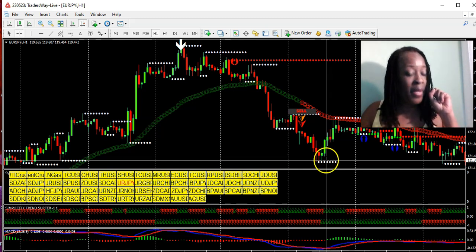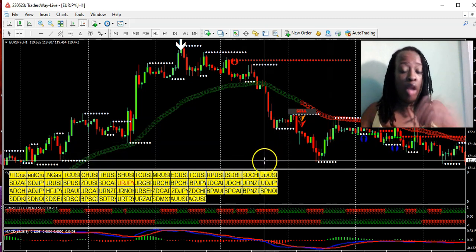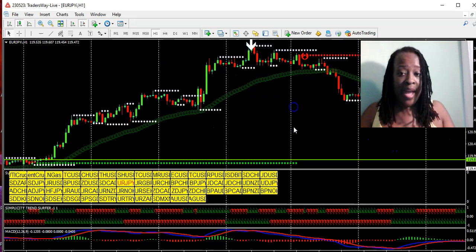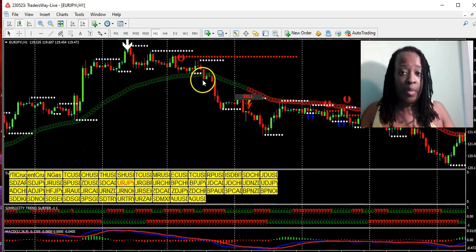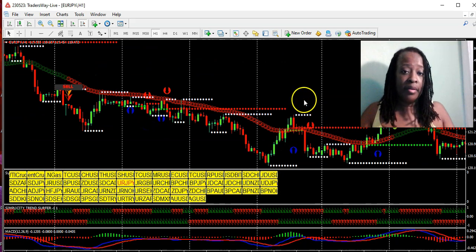Now, let's say that you were in the position and you went long term. Okay, you went long term to that support area that I identified right here. So now you're in the position here and you're riding it. Now you're pulling back here, you're pulling back here, right?